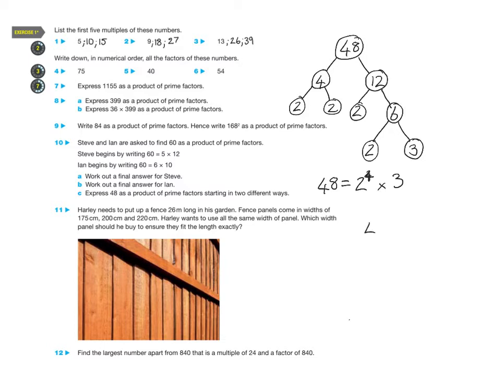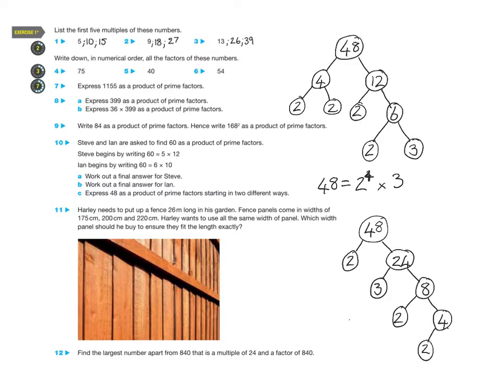If we were to start with other numbers, let's start by dividing by 2. That would give me 2 times 24, and then let's be wild, and we'll divide by 3, which gives us 8, and then divide by 2, which gives us 4, and divide by 2 again, and we get 2.